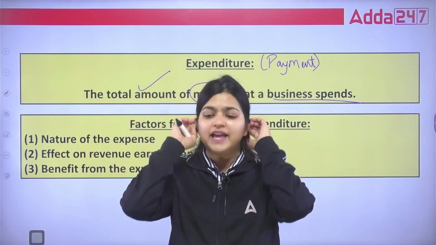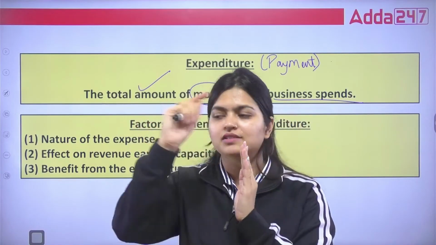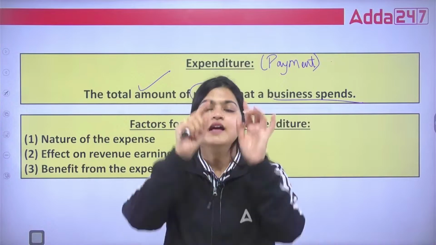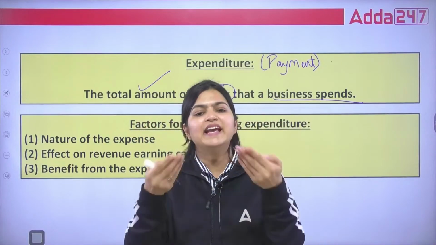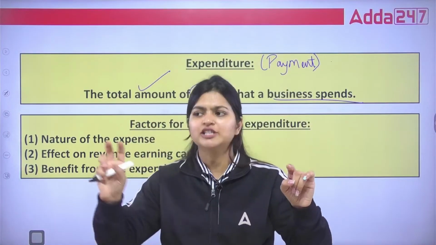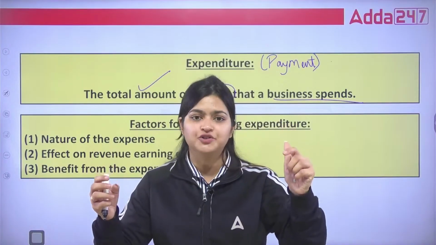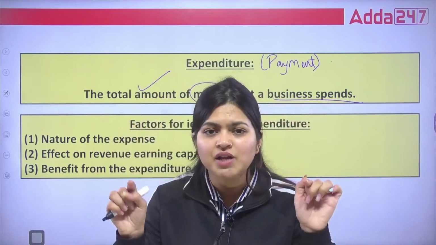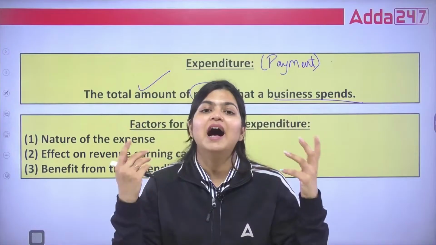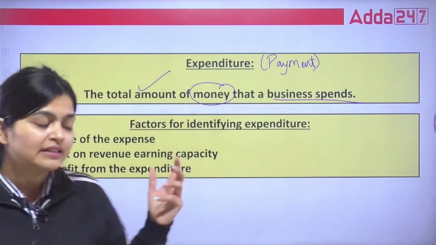Now in this expenditure, next I need to understand which type: daily expenditure, or once in 10 years or 5 years expenditure. For understanding which type of expenditure, I need to use some factors. Now what are these factors?